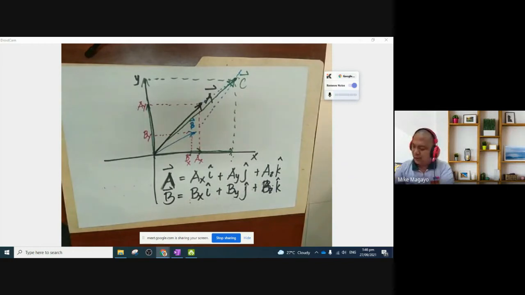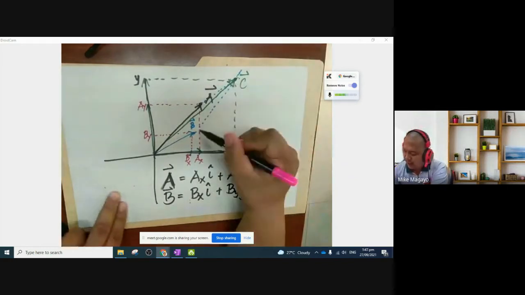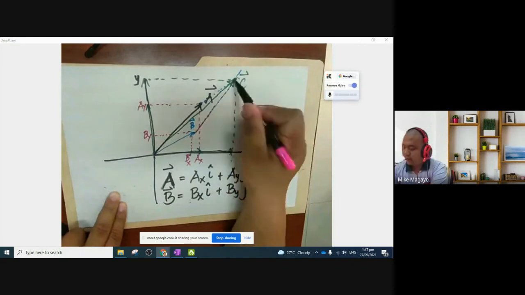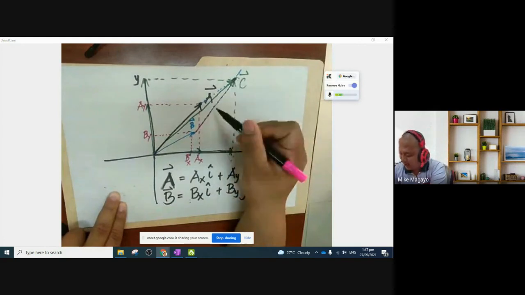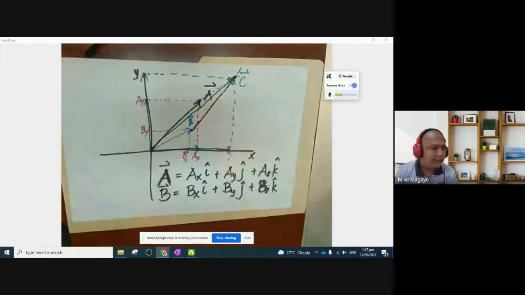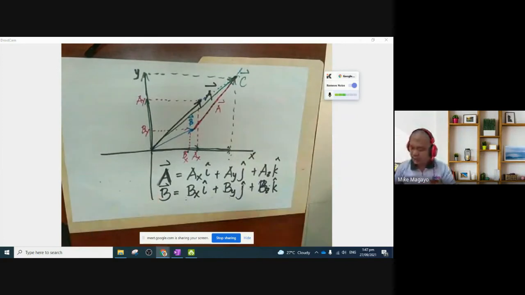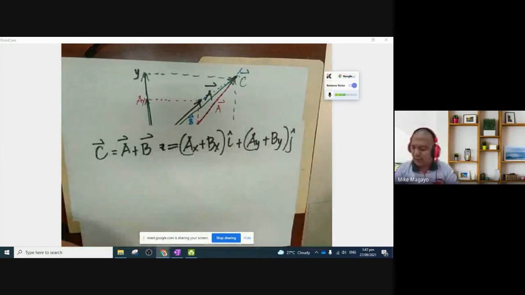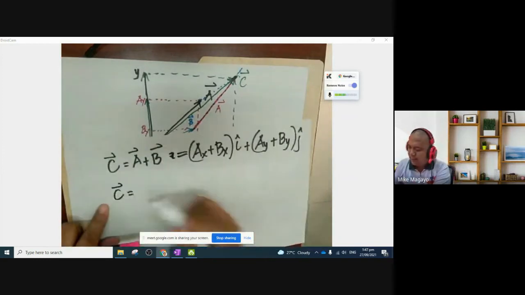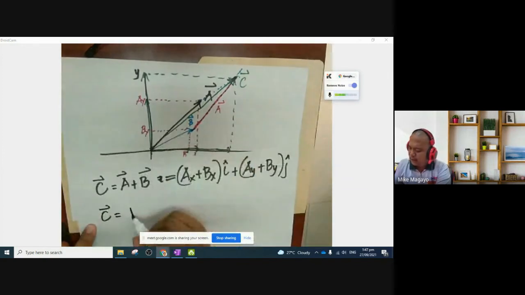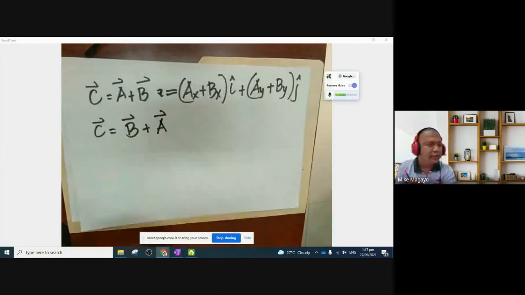If you look at this line, it has the same length as vector A. In fact, that is equal or identical to vector A. This line is vector A. As you could see, based on that illustration, geometrically, we could still determine vector C by simply adding this, because this is vector B, vector B plus vector A. Vector addition follows the commutative law of addition.